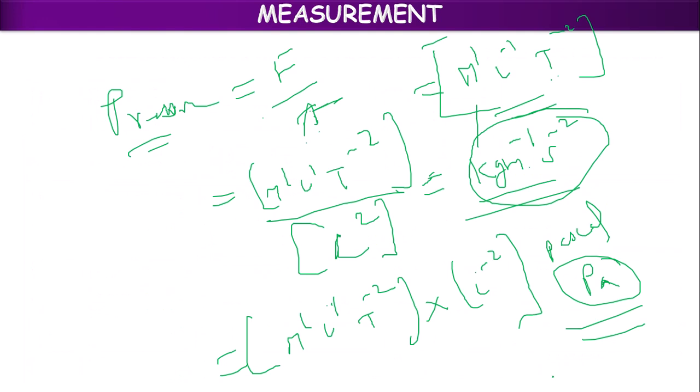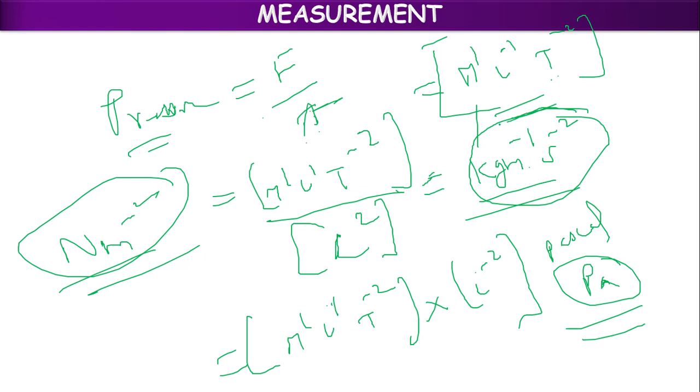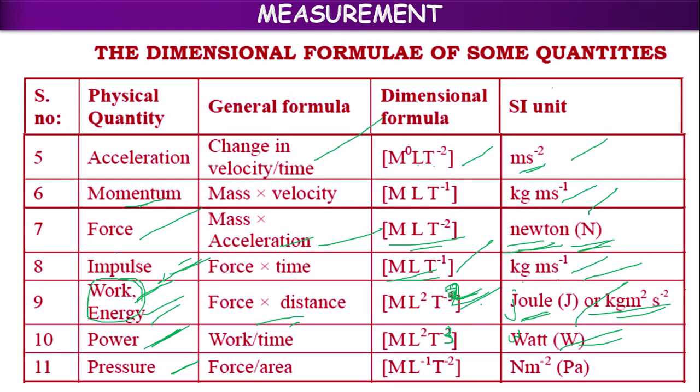It is also called Newton per meter square, Newton m to the power of minus 2, or Pascal, or kg m to the power of minus 1 s to the power of minus 2. So this is the formula, dimensional formula, SI unit.